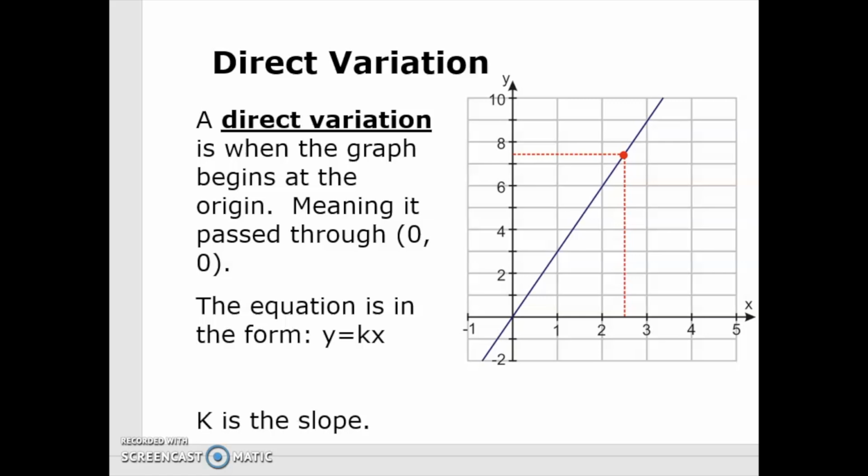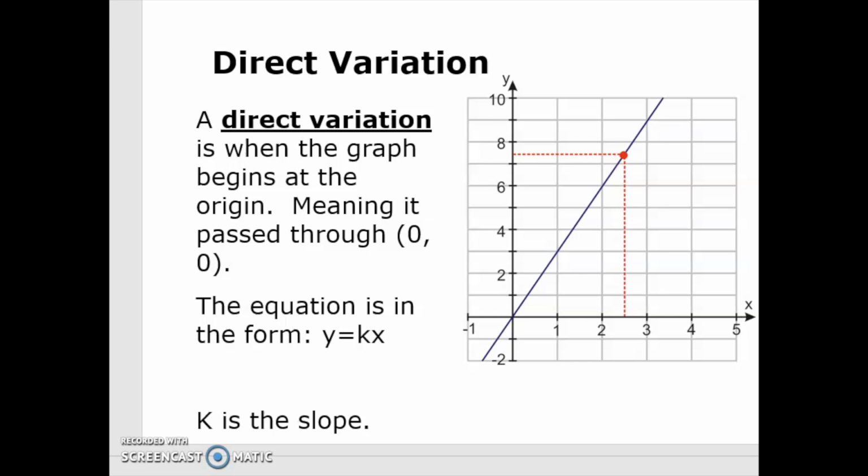Okay, so let me give you some examples and see if this helps. An example of direct variation would be if I want to go to the movies. The cost, how much it is going to cost me to go to the movies, is directly related to how many people I'm going with. If I go by myself, I'm going to pay for one ticket and it'll be one price.